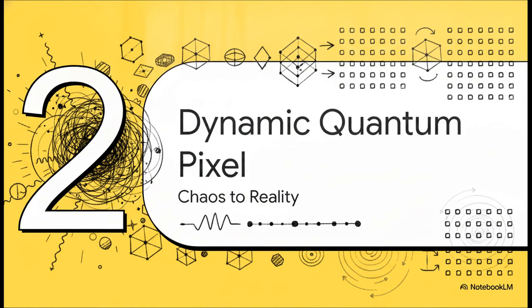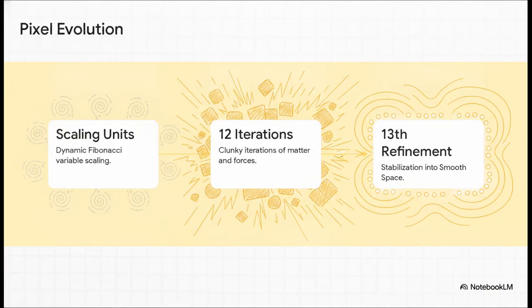Moving right along to Section 2, the dynamic quantum pixel. This is where we go from pure chaos to our physical reality. The evolution of this fundamental pixel is honestly a wild, dramatic journey. First, those scaling Planck units start acting as dynamic Fibonacci variables. Then the universe just rapidly punches through 12 clunky, jagged, highly volatile iterations.